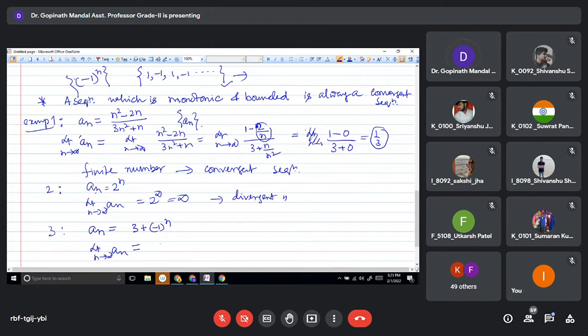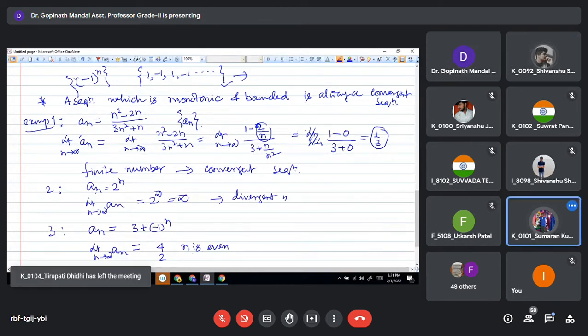It will depend on the value of n. When n is even, the limit is 4, and when n is odd, the limit is 2.